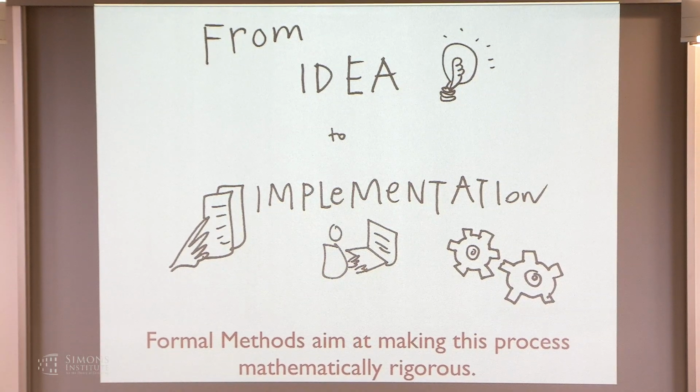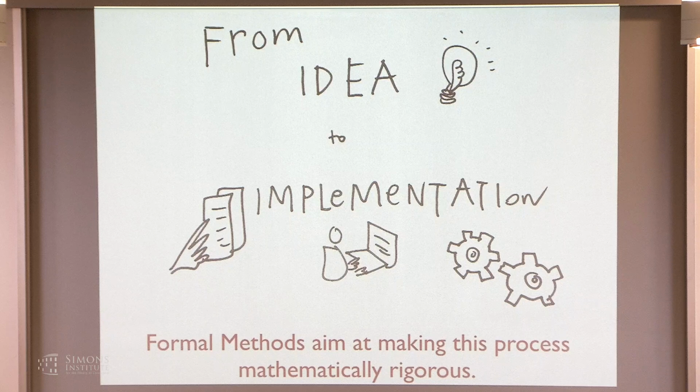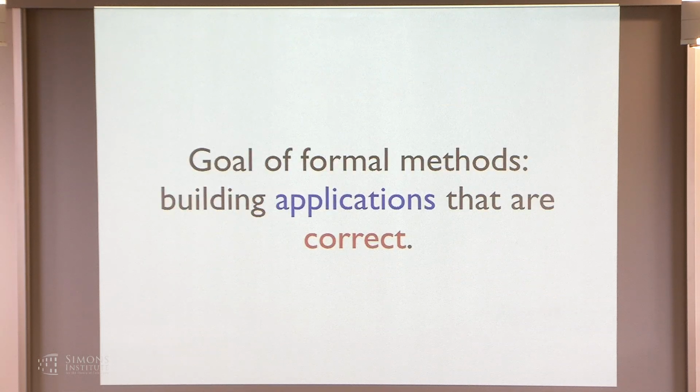So it's a collection of techniques to take an idea and bring it to an implementation in a mathematically rigorous way. In other terms, the goal of formal methods is building applications that are correct, giving you some confidence that what is implemented is correct.